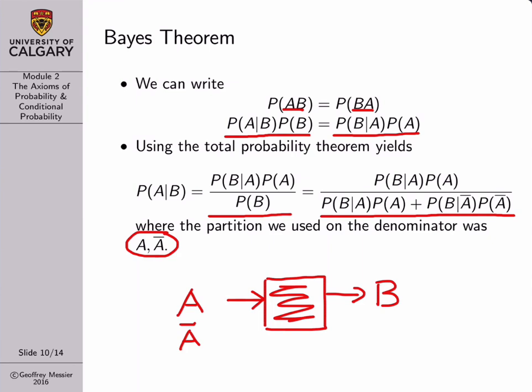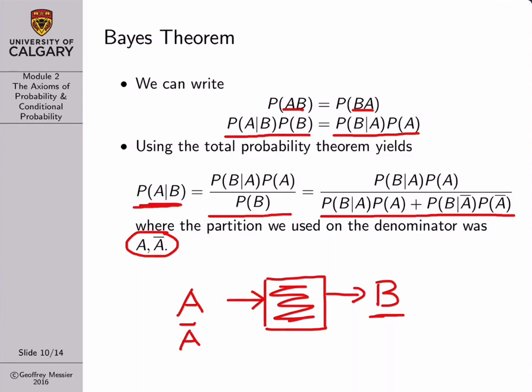Well, one approach that we can take to dealing with this system is to try and guess which input we received based on our observable B. And one approach is something called maximum a posteriori detection, or MAP detection. And so we choose the outcome, A or not A, that maximizes this conditional probability.